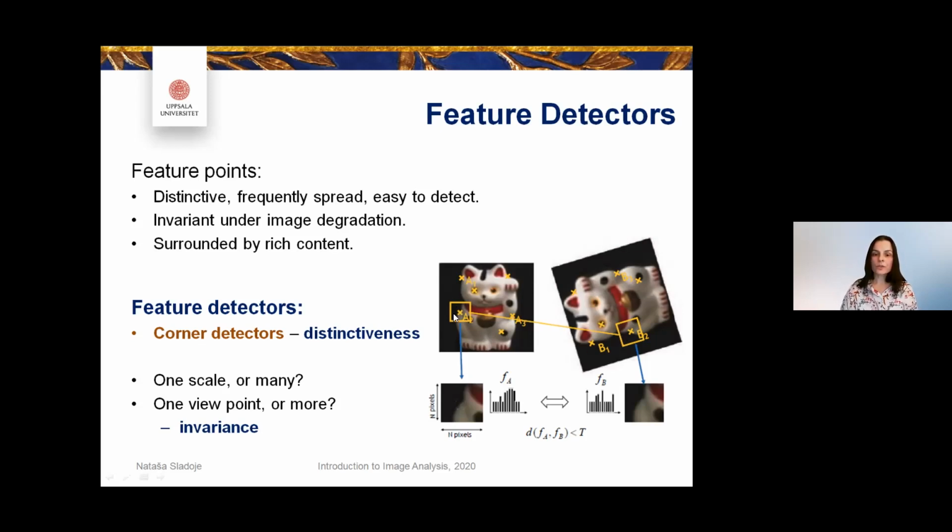These feature points are then surrounded by rich context that can be used to describe the exact feature point, so the location that is actually some kind of corner point here. And these descriptors, the description of the patch around the feature point, can be compared so that we identify those points that are similar from those that are not.